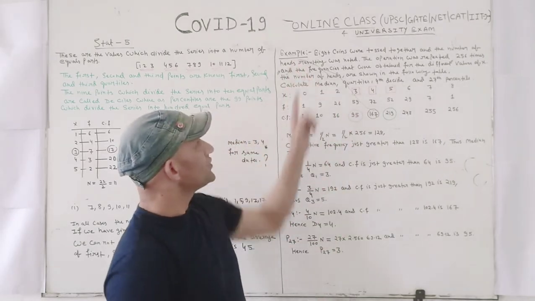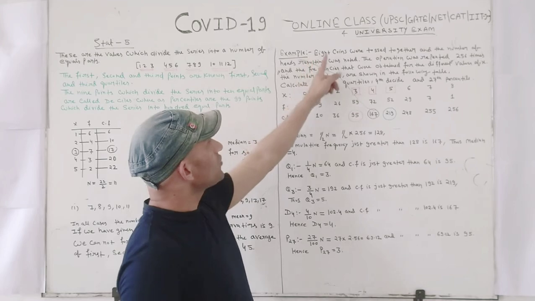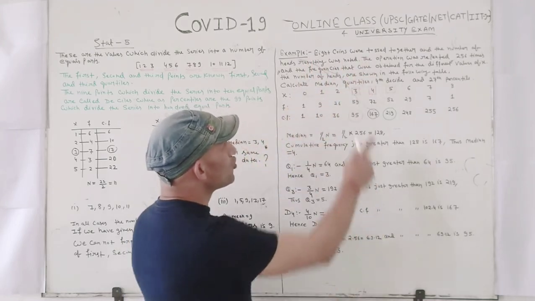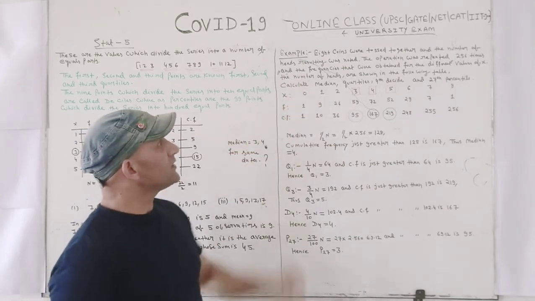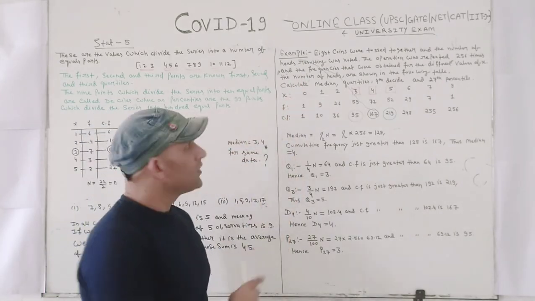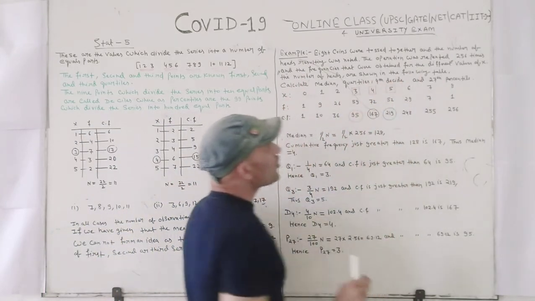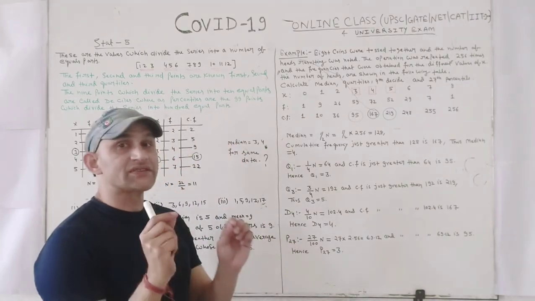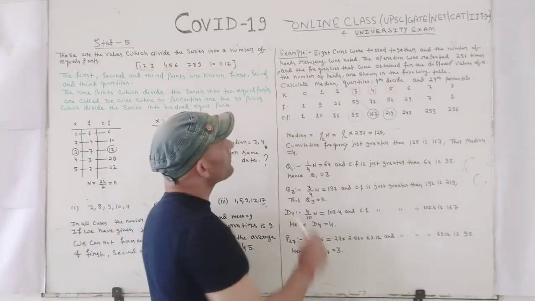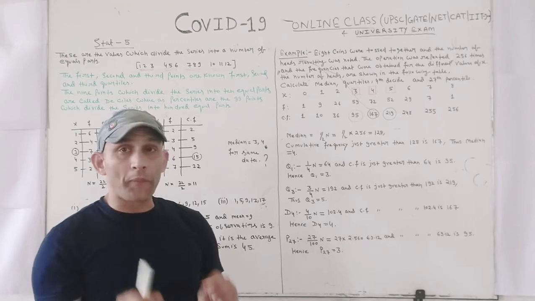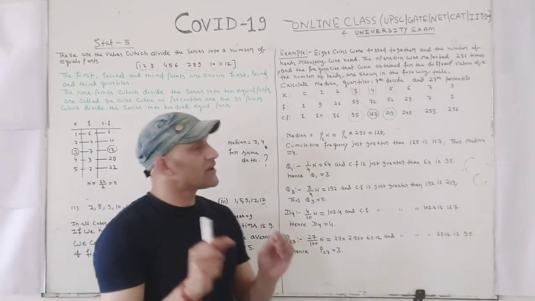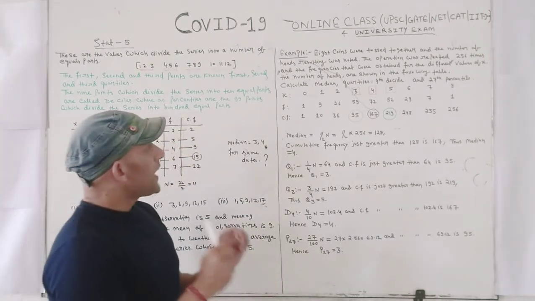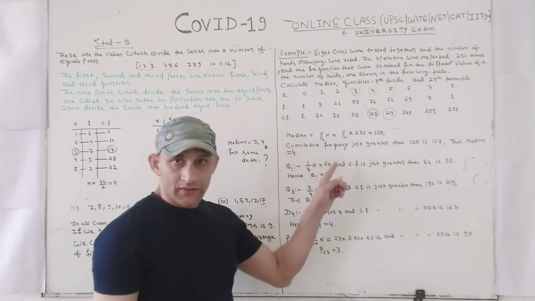The question is: 8 coins were tossed together and the number of heads resulting was noted. The operation was repeated 256 times and the frequencies obtained for the different values of x, the number of heads, are shown in the following table.